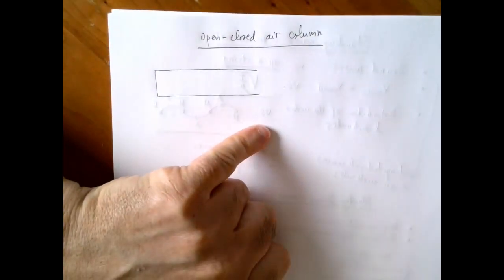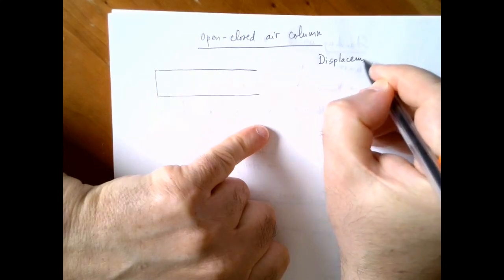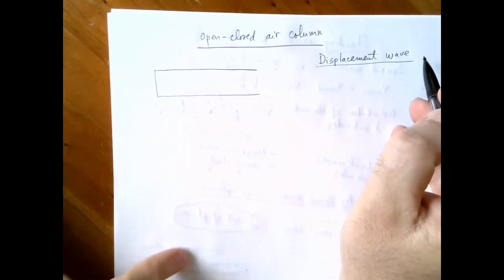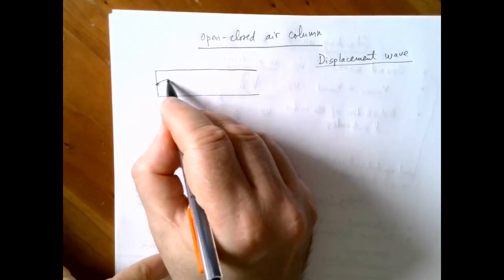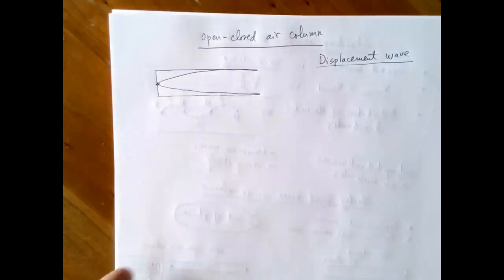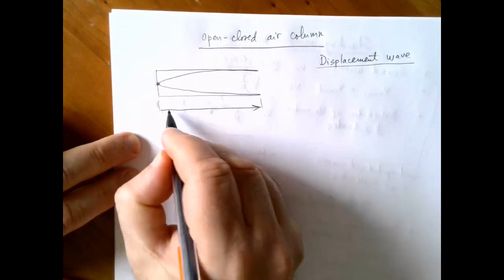It doesn't matter which view we choose. Let's work with a displacement wave view. Displacement wave, right? So if it looks like this, I must have a node here. So this will be how the wave looks like. I always know the length of the column.